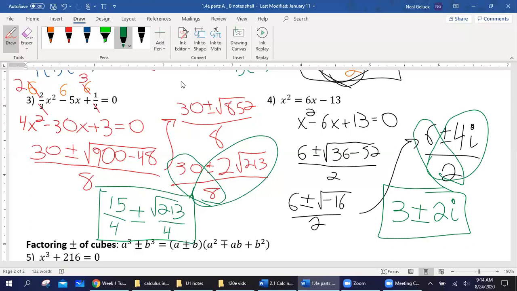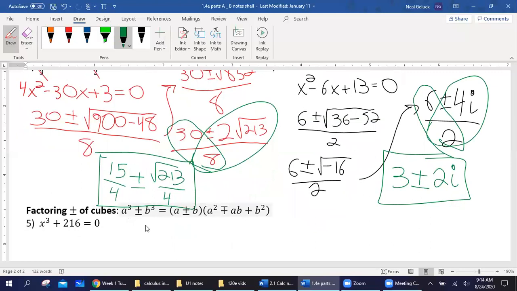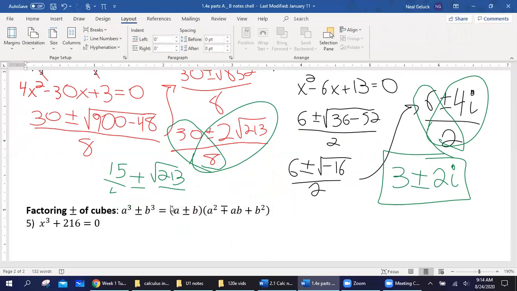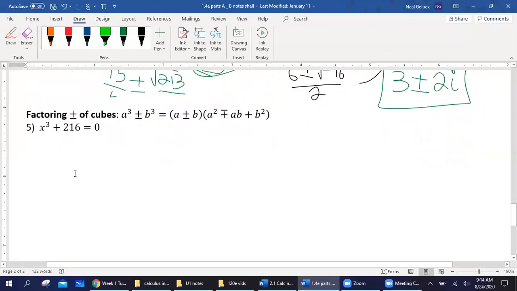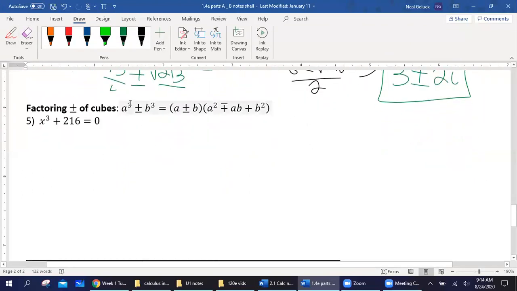Being able to use the quadratic formula then leads us into perfect cubes. The general form for the factoring of two perfect cubes is shown here. So you've done difference of two squares.